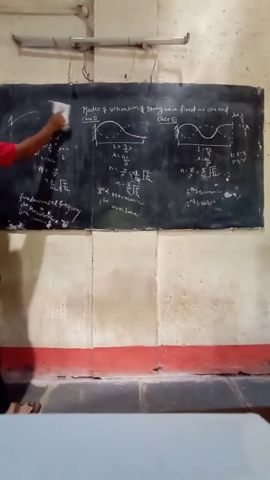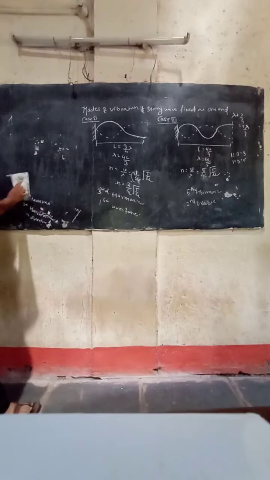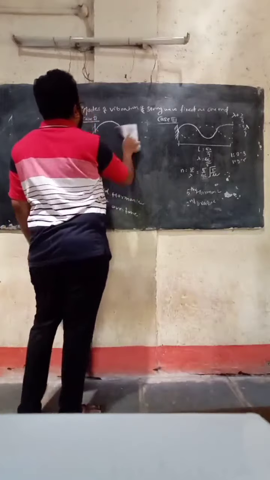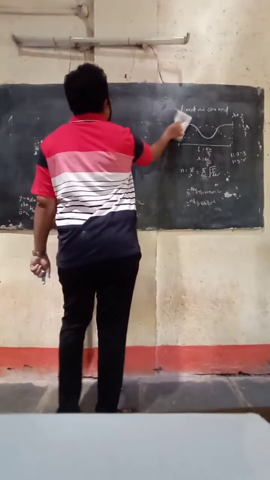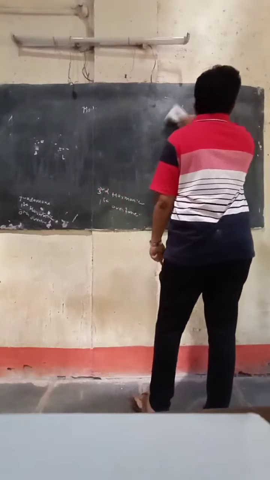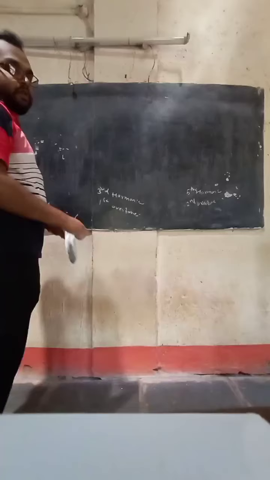So these are the two cases, two modes of vibration of a string wave. Now similarly, we are going to see modes of vibration of an air column. So air column means modes of vibration of a sound wave.